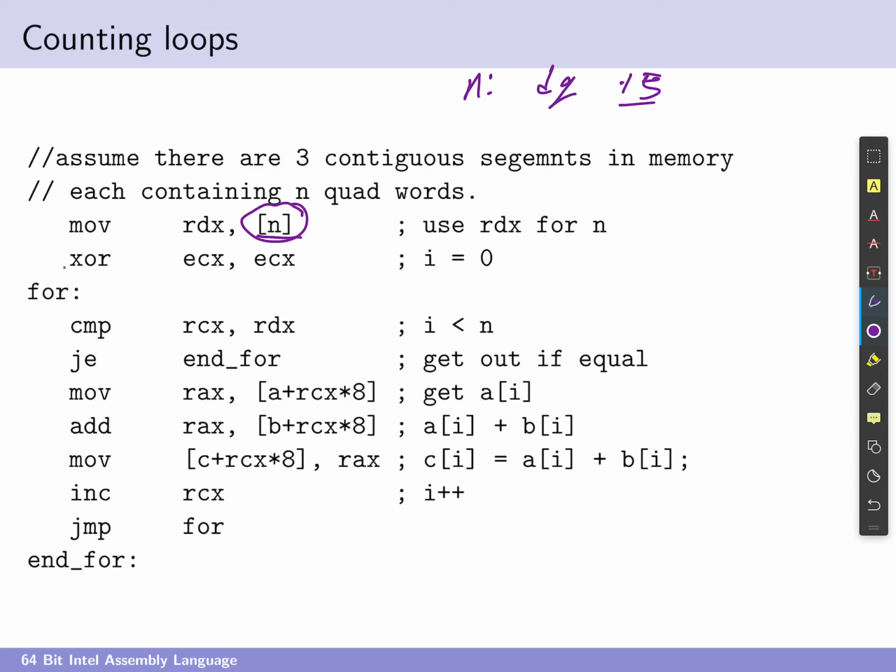I'm going to use RCX as my count register, so I'm going to basically just set RCX to be 0. You'll see here that this is using the fastest way of actually doing that, where I XOR ECX with ECX, which will set the lower 32 bits of the register to 0 and zero extend above. But I mean, perfectly acceptable would have been to simply say a move of 0 into RCX, and as I mentioned before, I would almost recommend you do it this way so that things are as clear as possible for you.